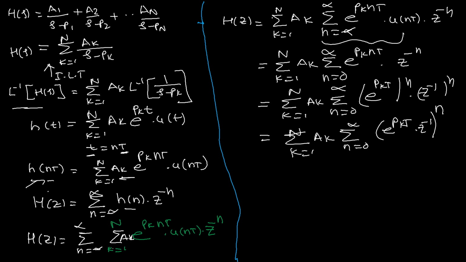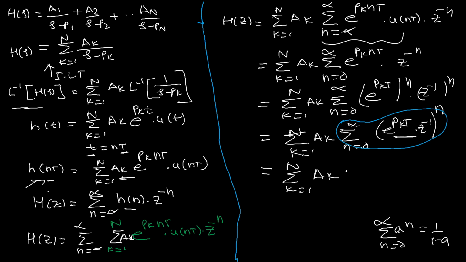You know the standard formula: the sum for n from 0 to infinity of a to the power n is 1 by (1 minus a). I'll use this formula to simplify this equation. So this whole term I can write as 1 by (1 minus e to the power Pk T z to the power minus 1).